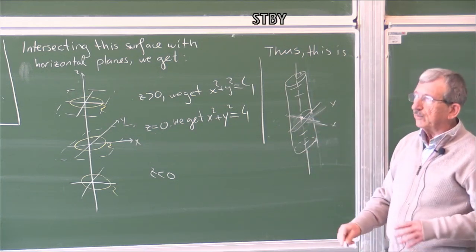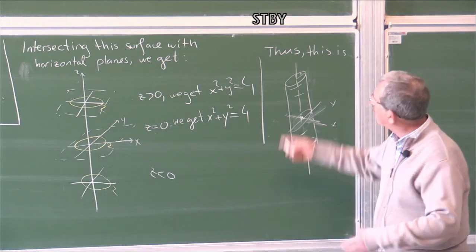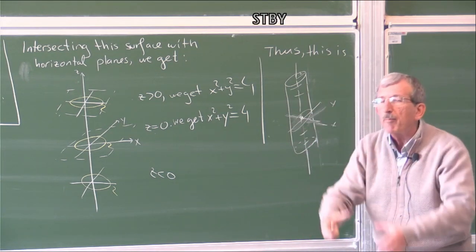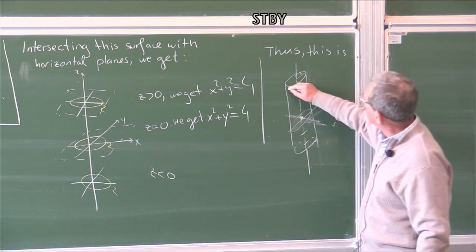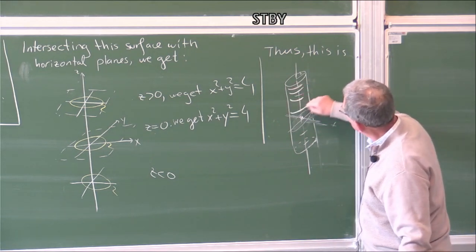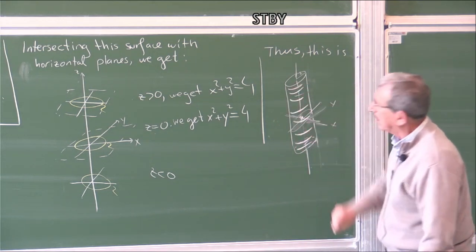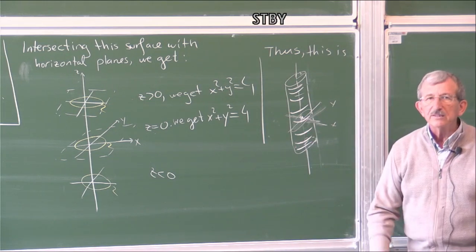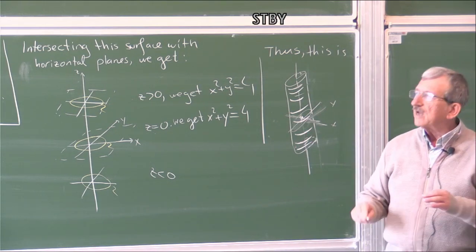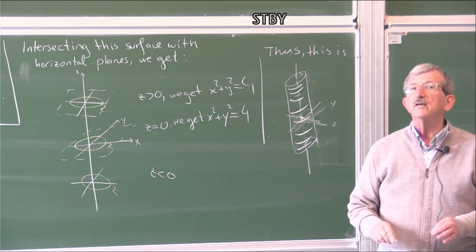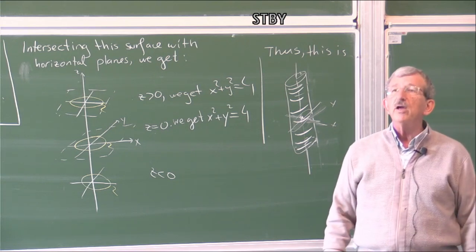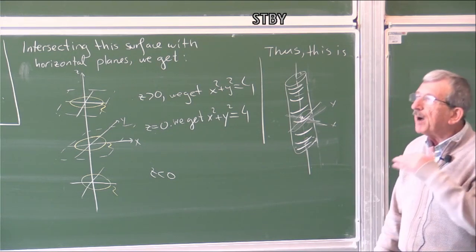If you imagine the totality of all these circles going up and down, you clearly obtain a cylinder. But this is not the standard elementary cylinder in high school geometry because it's not bounded.